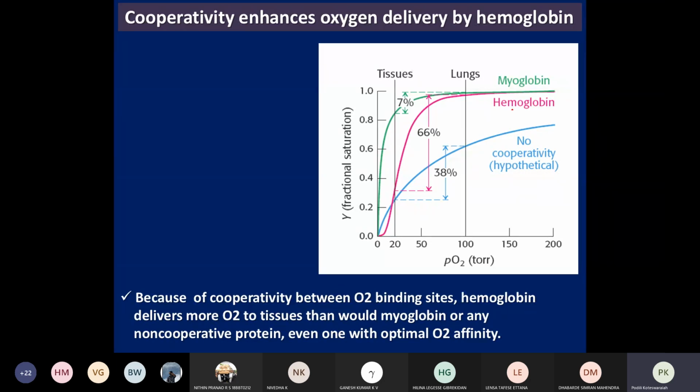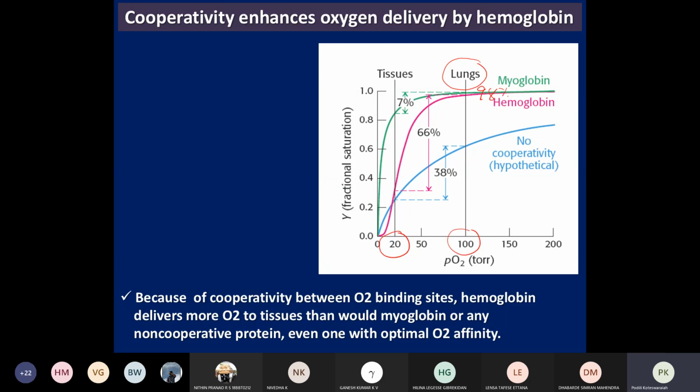In order to understand the importance of this cooperativity, when we examine this O2 dissociation curve clearly, we have already said that the partial pressure of oxygen in the lungs is 100 torr, whereas the partial pressure of oxygen in the tissues is 20 torr. So when it moves to the lungs, 98% of the binding sites would be saturated with oxygen.